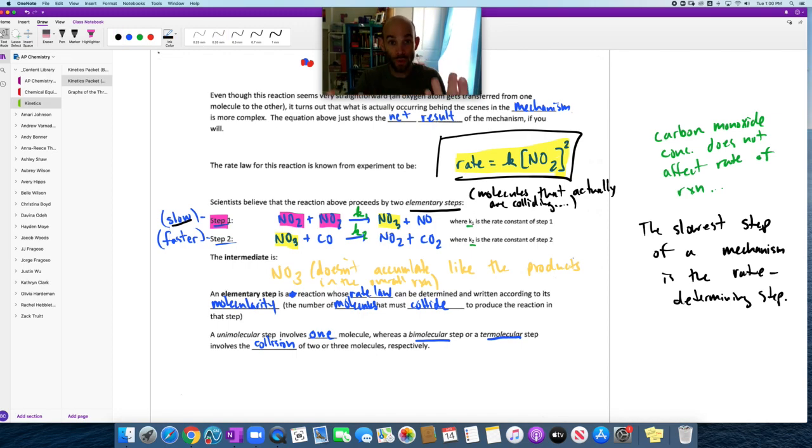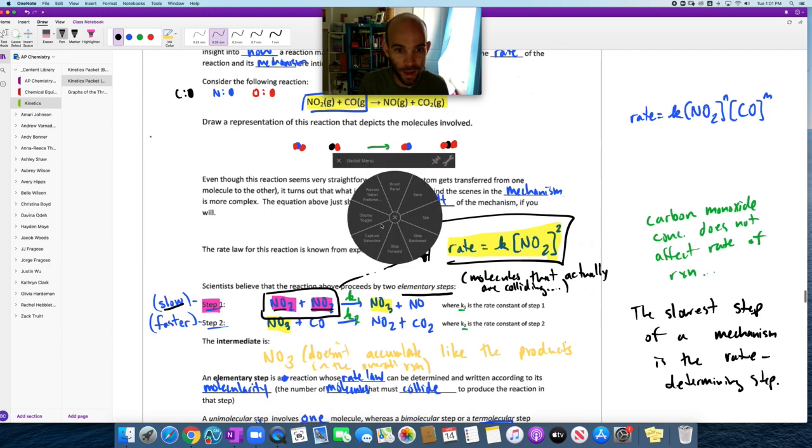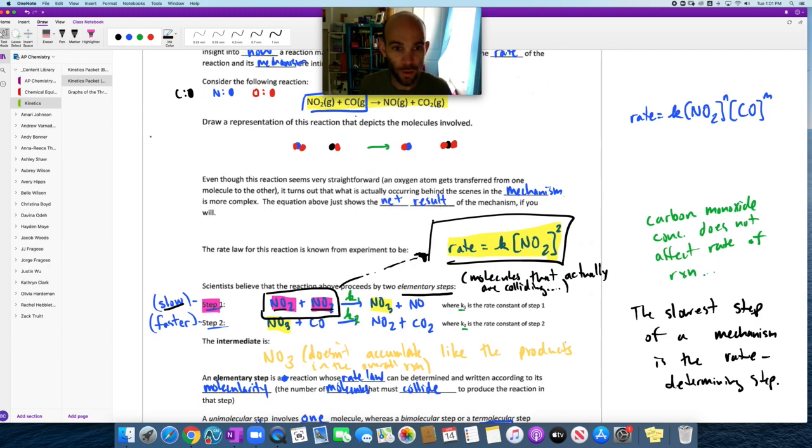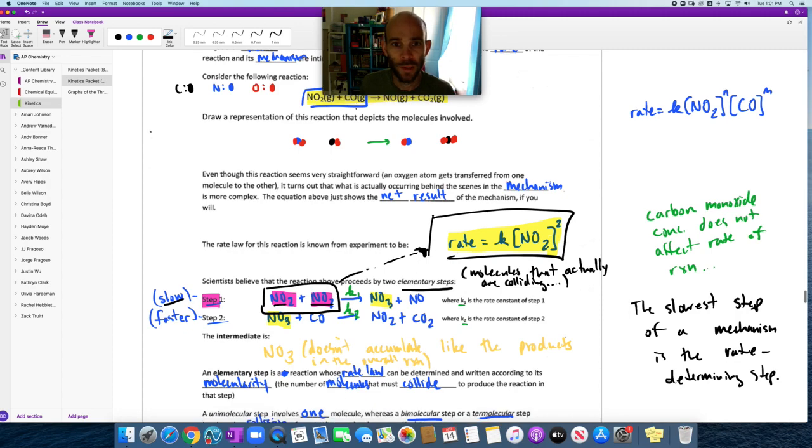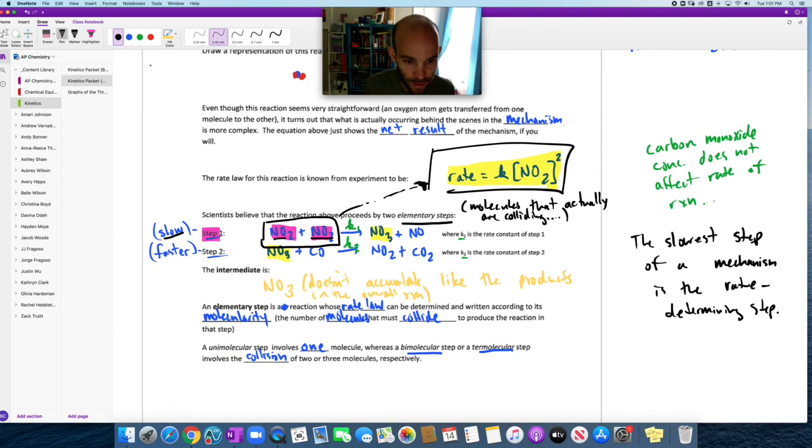It's supposed to be the slowest step because its molecularity is nitrogen dioxide colliding with nitrogen dioxide, which would give rise to this overall rate law. Plus we know carbon monoxide has no role whatsoever in the overall rate. And so the carbon monoxide doesn't show up until the fast step.